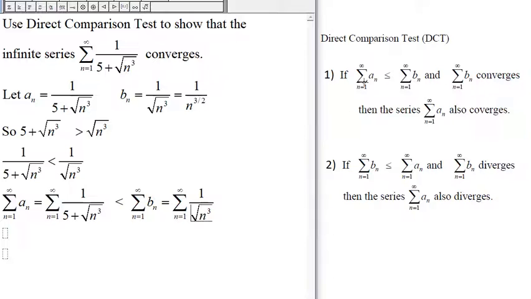And so now that we got this part, we have shown that the summation of A sub n is less than the summation of B sub n. And now we need to show that B sub n converges before we can say that the series A sub n converges.